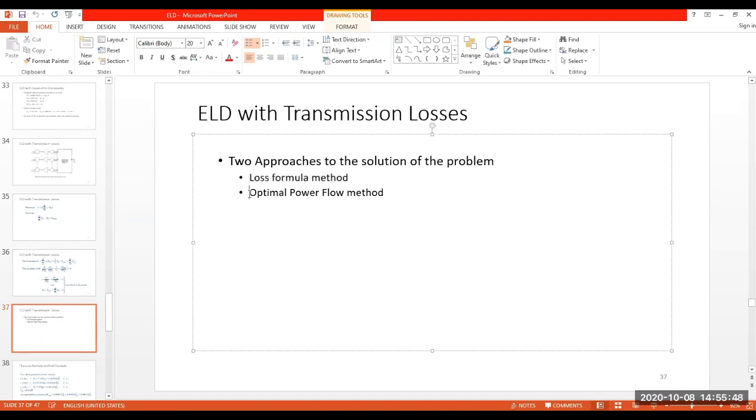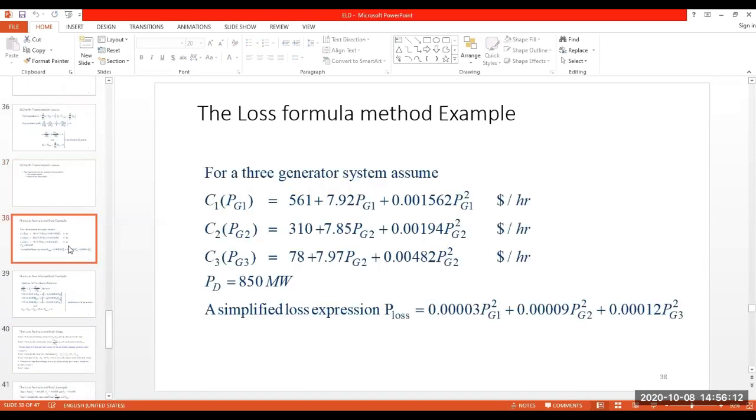The second approach is the optimal power flow method, which will be taken in some later topic. The list is pretty long, but in this course we will be focusing on these two, and inside the ELD topic, we will be taking this loss formulation method as our solution method.